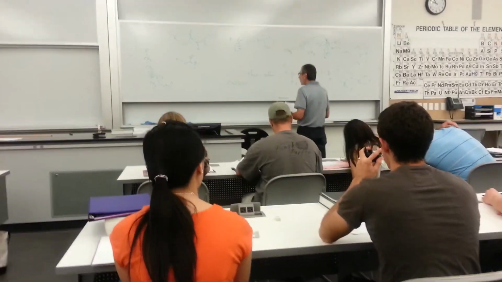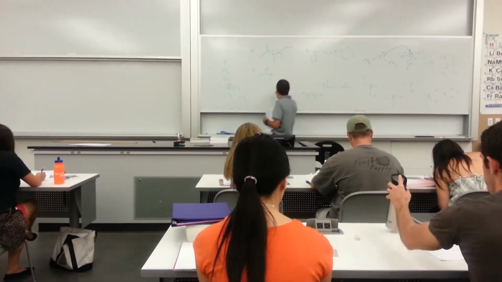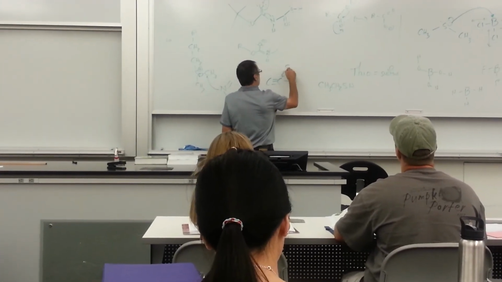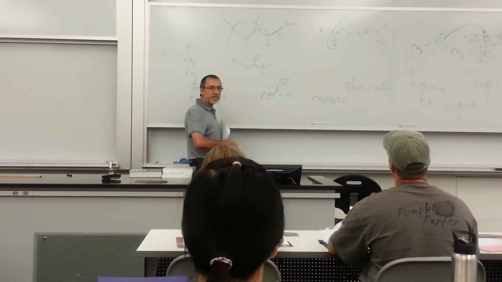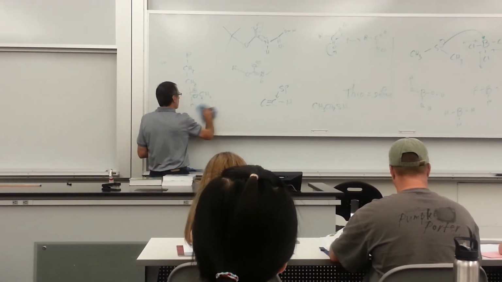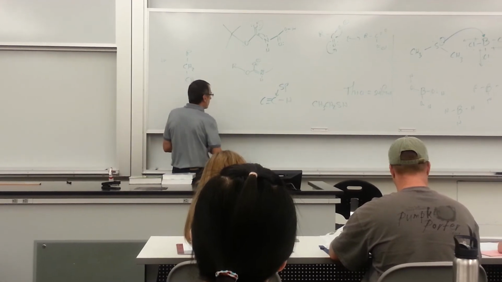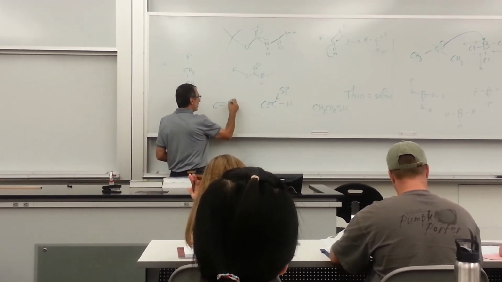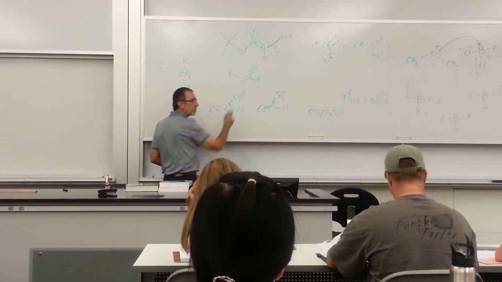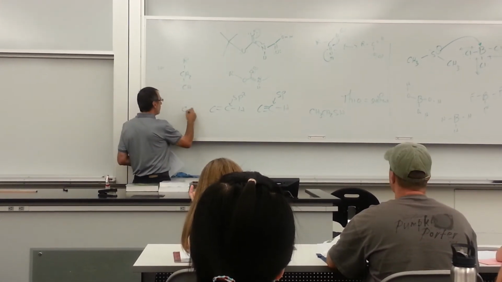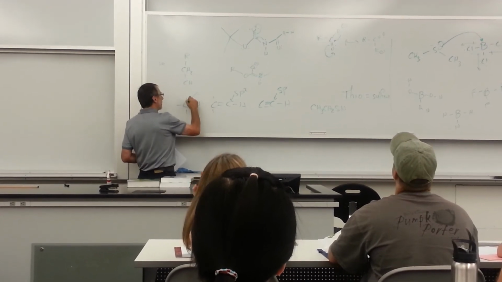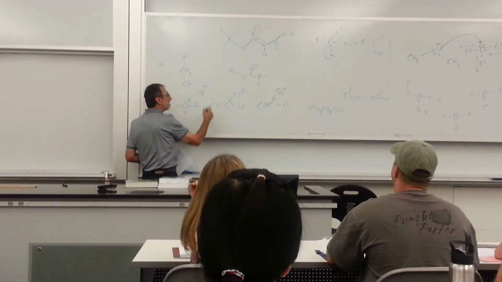A triple bond here has sp character. The next one here has sp2 character. And this one is sp3 character.